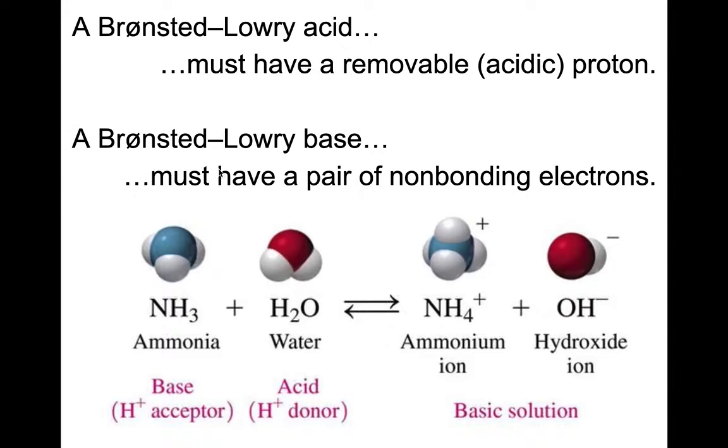If we look at ammonia before the reaction on the reactant side, and then look at it after, we can see that it has gained one hydrogen. It has gained a proton, it's gained a hydrogen ion, and so it has acted as the proton acceptor here. It meets the definition for a base because it gains a proton.